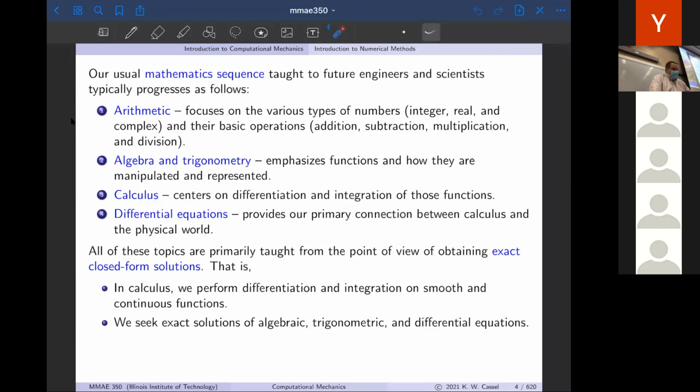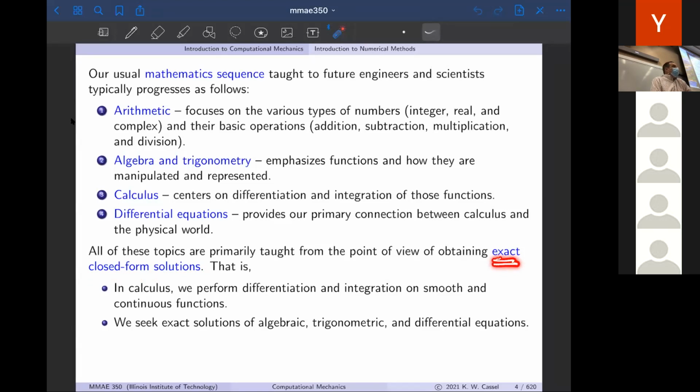That's the solution of the differential equation. We have a function we want to integrate, so the area under the curve. We want to determine how a function changes with time or in space. That's a derivative of the function with respect to t or x. But we're always learning how to do this exactly.